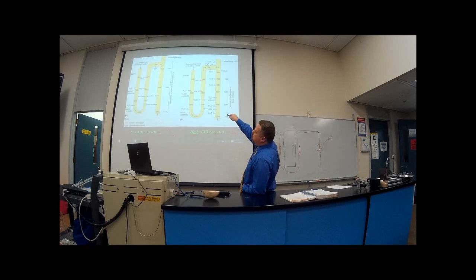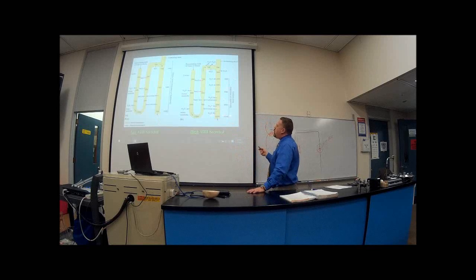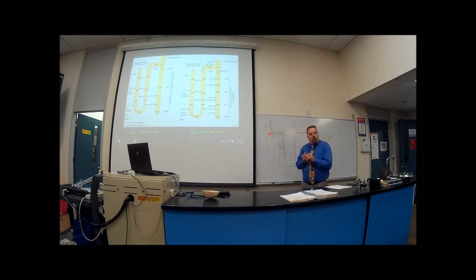So the concentration will stay the same. But if you have ADH in this area over here, it's going to reabsorb the water, which means there's not going to be much water going out in your urine, but your electrolytes will still be there, which means you're going to have a more concentrated urine, 1200 and so forth.